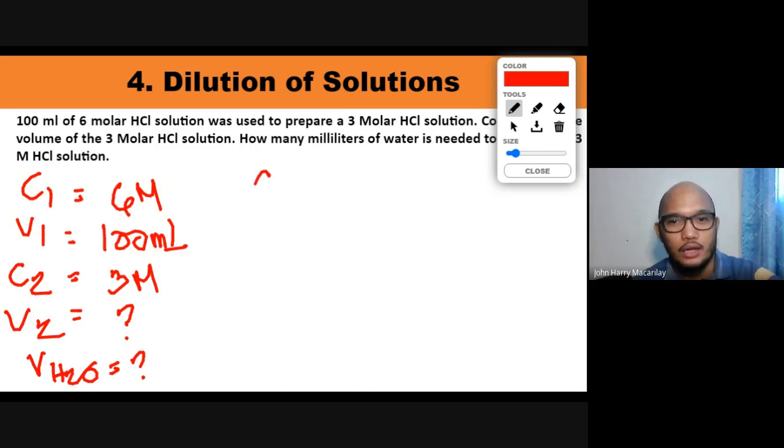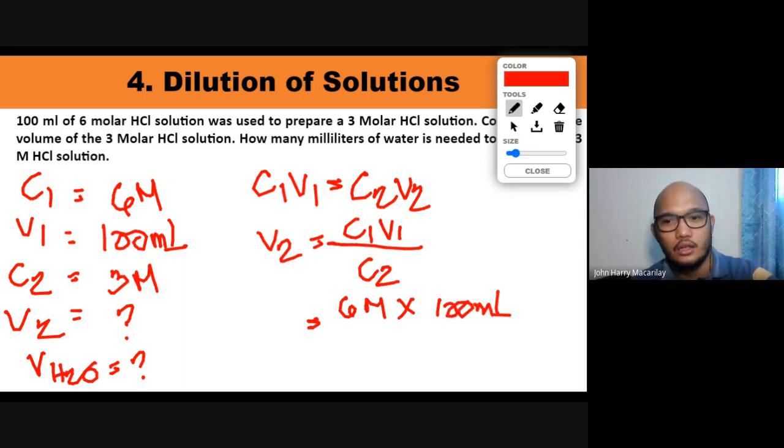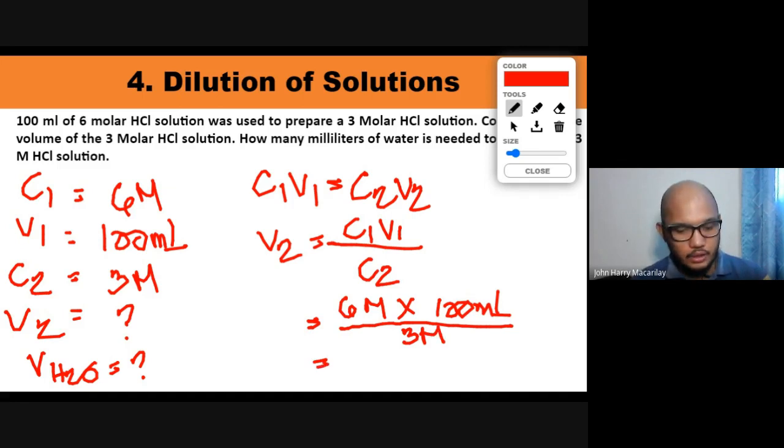So using our formula, C1V1 equals C2V2, V2 is missing. We will derive the final formula, which is V2 equals C1V1 over C2. So 6M times 100 ml divided by 3M. The answer would be 6 times 100 divided by 3, which is 200 ml.